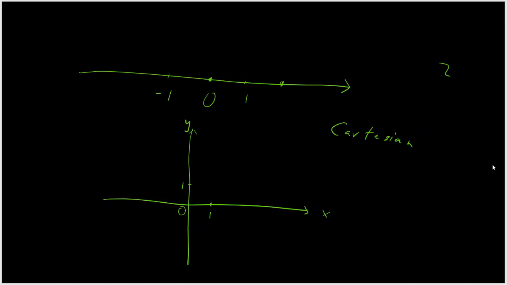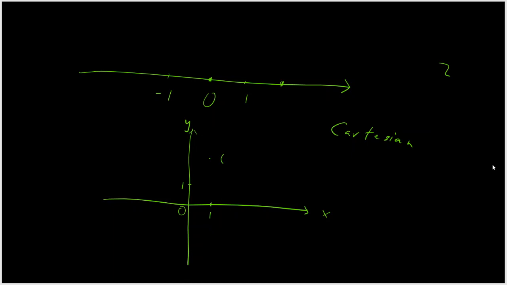I said ordered pair. So if I give you a point here, anybody want to tell me the ordered pair representing that point? We're looking for the coordinates of this point.